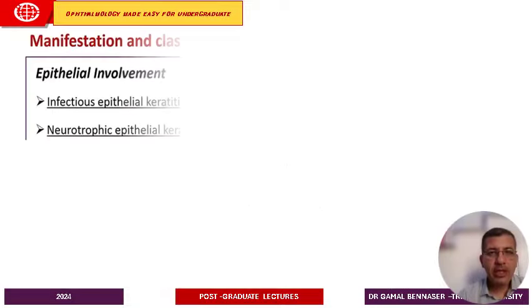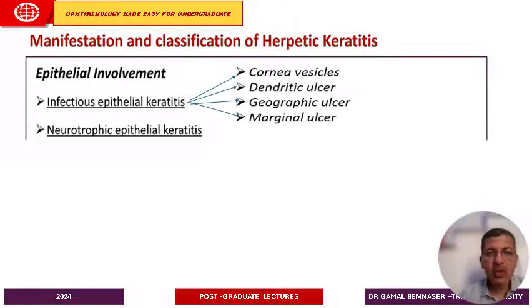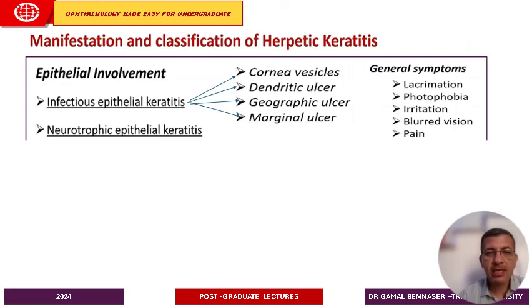Now, in our lecture, we will follow this classification: epithelial involvement, which could be infective or non-infective. The infective epithelial involvement is due to corneal vesicles or dendritic ulcers, geographical ulcers, and marginal ulcers, and usually they have mild symptoms of lacrimation, photophobia, irritation, and pain.